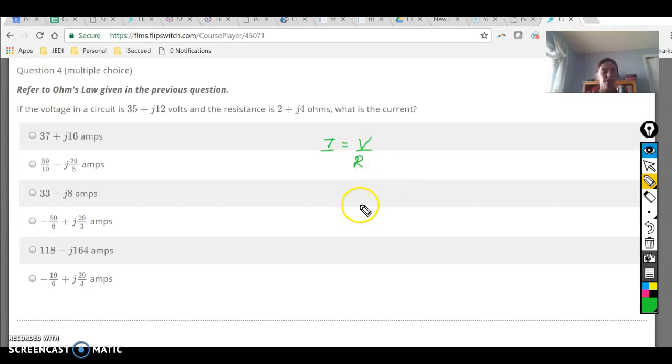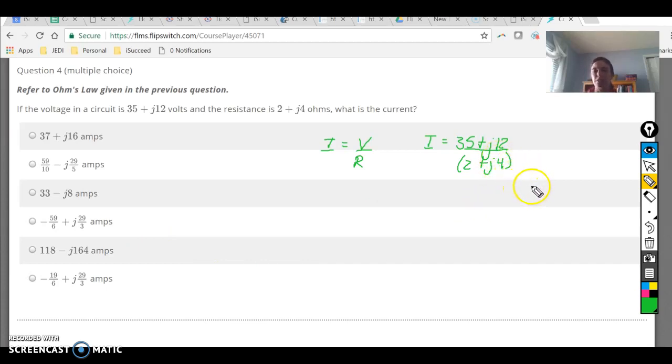Okay, and so we are going to say that I equals 35 plus J12 over 2 plus J4. Now we could have gone and just tried all of these and solved by process of elimination, but we do actually have a pretty clear mathematical way to do this. We can't divide directly here.